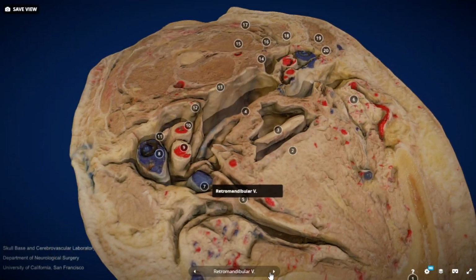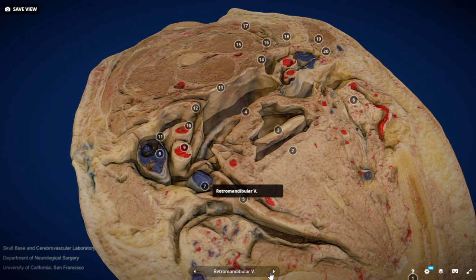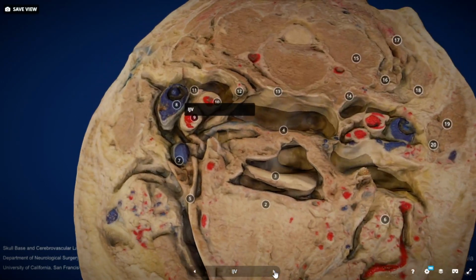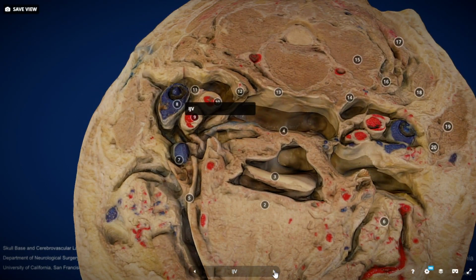And again, just posteriorly, we're going to start identifying vessels of big caliber, starting with the retromandibular vein, which is a direct branch of the jugular vein.